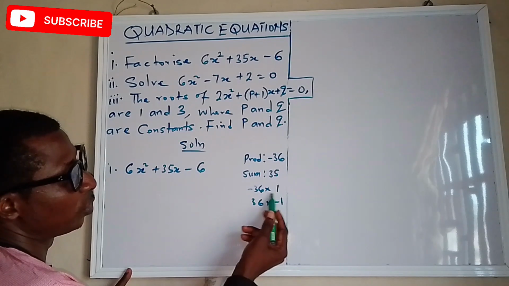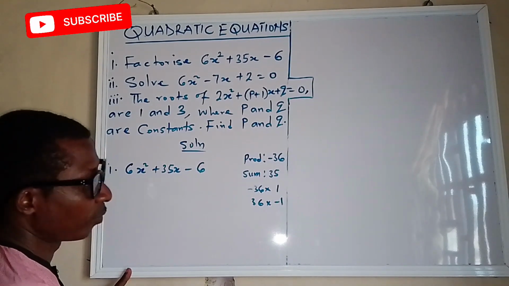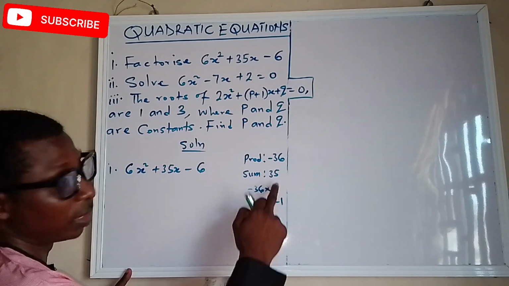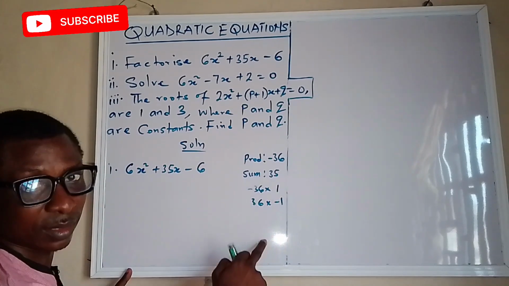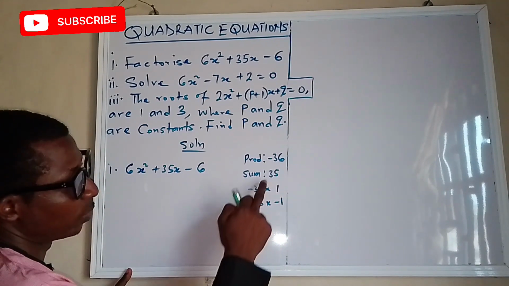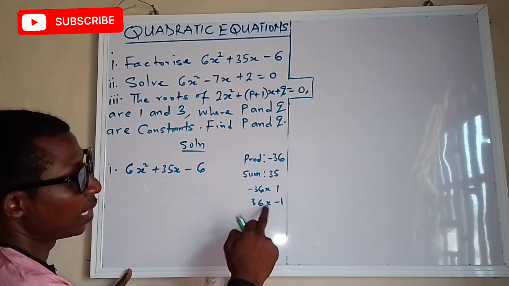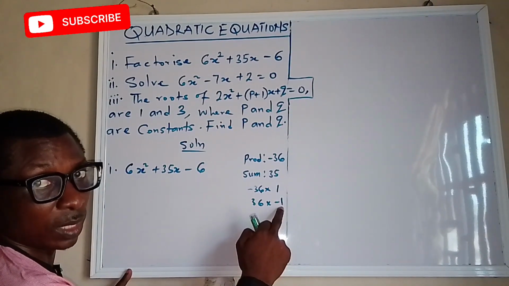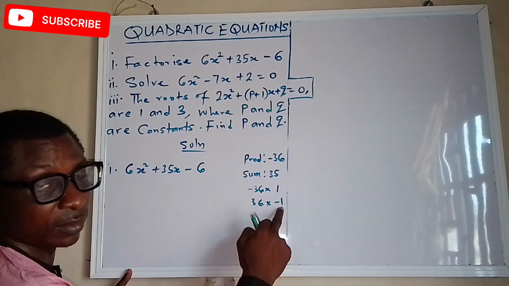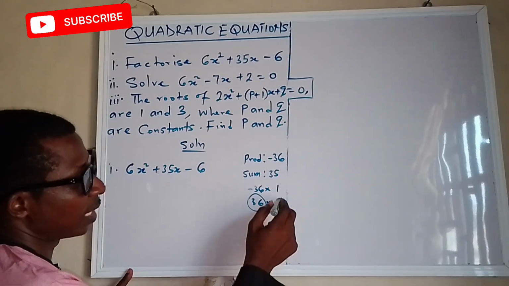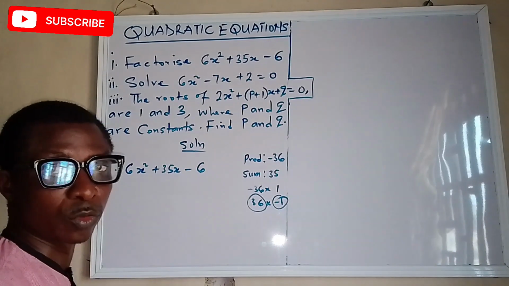But let's look at the addition of these numbers. When you add this and this together, you will not have 35. You are going to have minus 35, which is not what we have here. But look at this. If you add 36 and minus 1 together, you have 35. So that means the two numbers are 36 and minus 1.